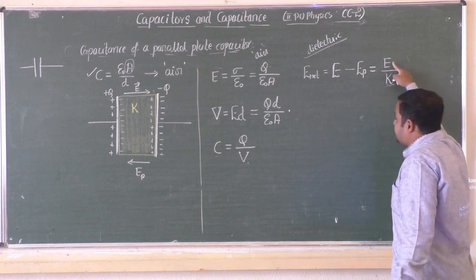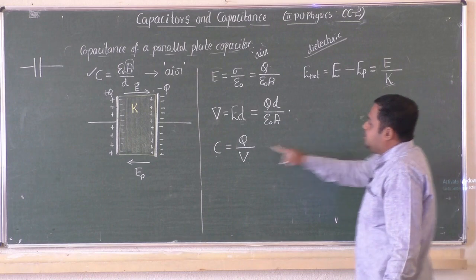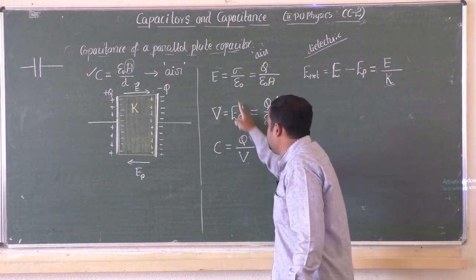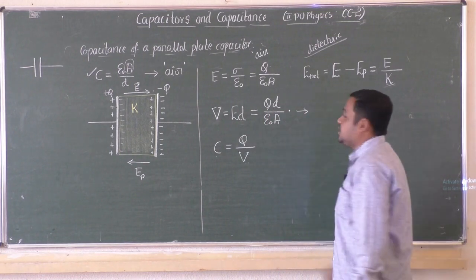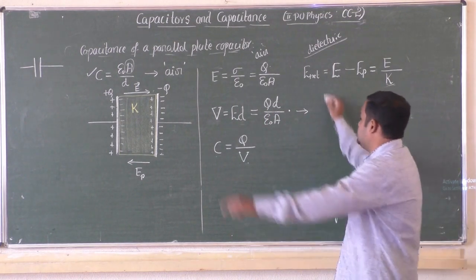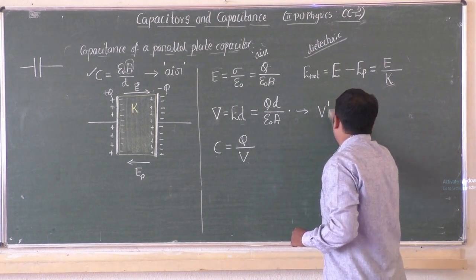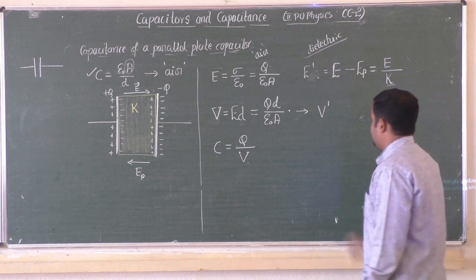Now when the electric field reduces to E divided by K, the electric potential is given by V equals E into D. The new electric field is E divided by K, so what is the potential value now? I'll represent it as V dash, with E dash the field in the presence of the dielectric.